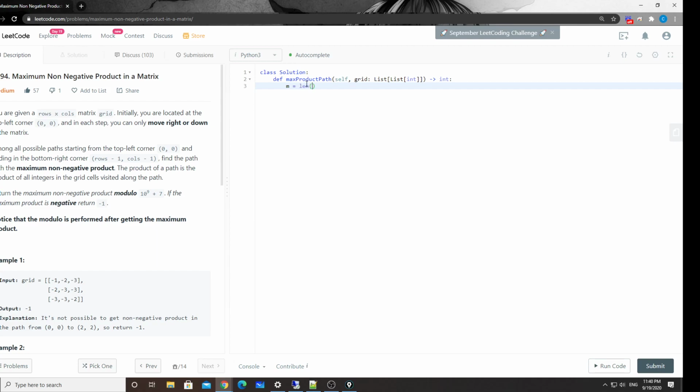Basically, we have a length grid. Okay, we have n equals to length grid 0. And then we also need a mod here, 10 to the power of 9 plus 7. And now we have a dp here, right? So like I said, since I'm not going to pre-process that, I'm going to just use the original size.